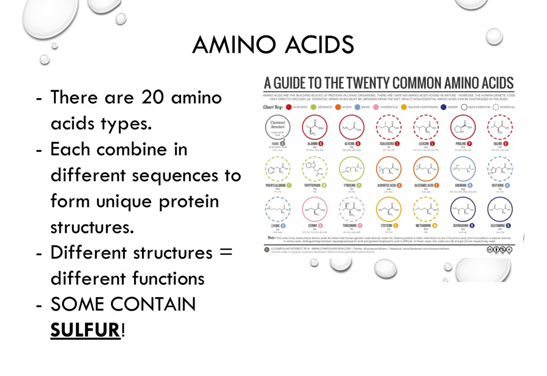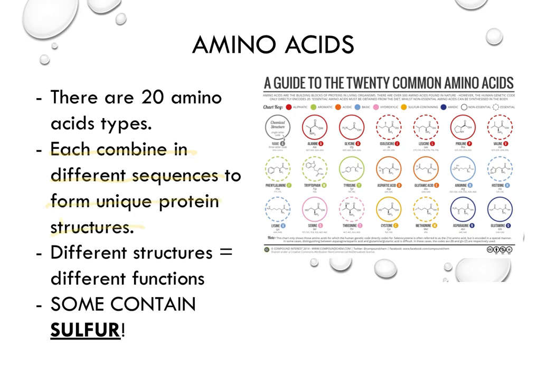Now, there are 20 different amino acids, and we're going to get to know those amino acids a little bit more later on. But one thing that you want to kind of know and put down for right now is that each combine in different sequences or in different orders of these amino acids to form unique protein structures.